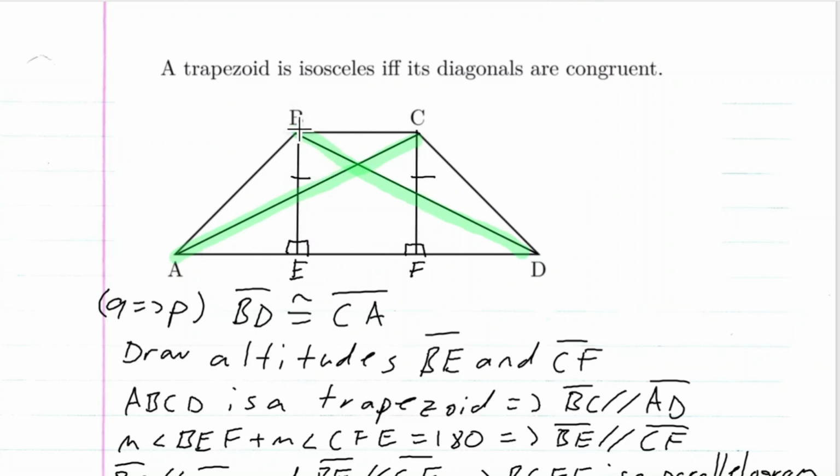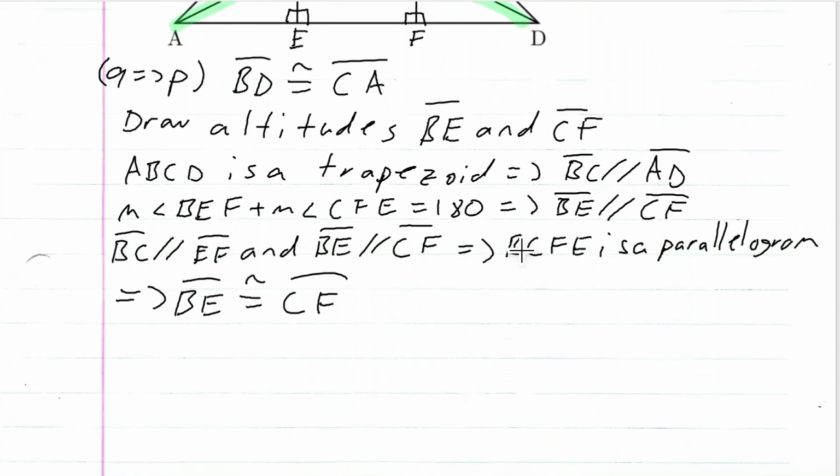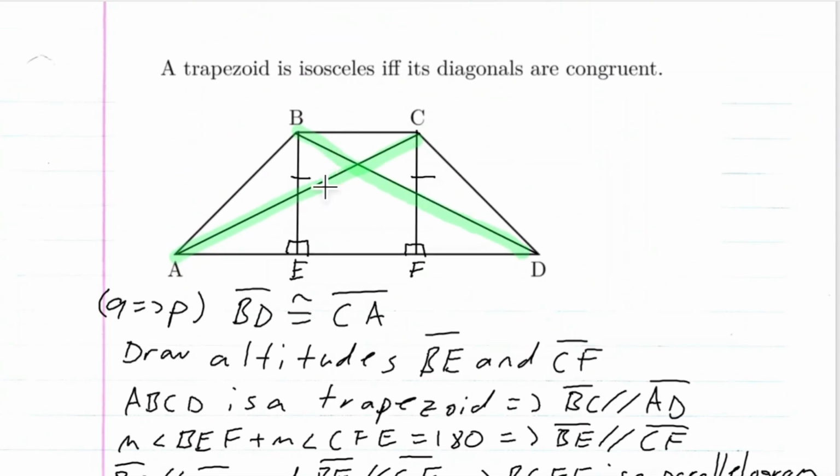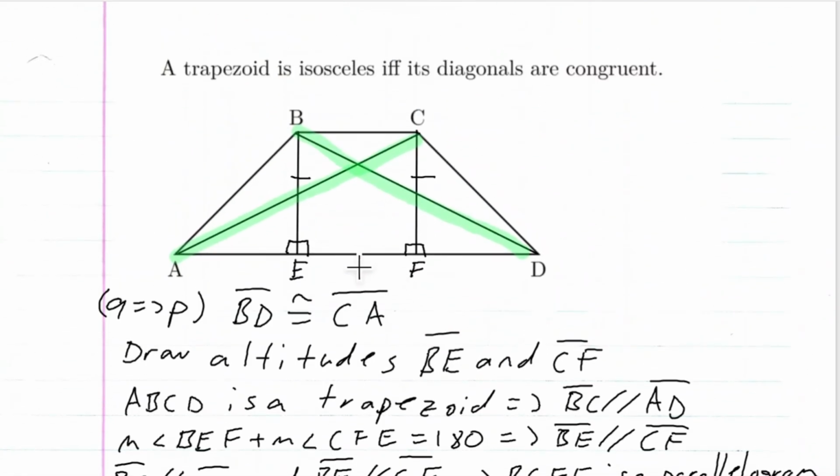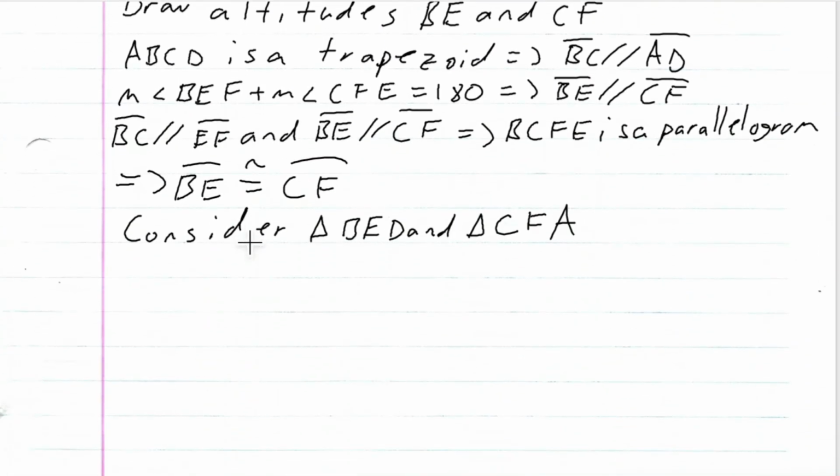So let's consider triangle BED and triangle CFA. Okay, so hypotenuse congruent to hypotenuse, so BD is congruent to CA.